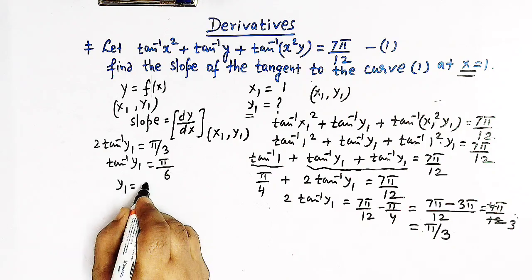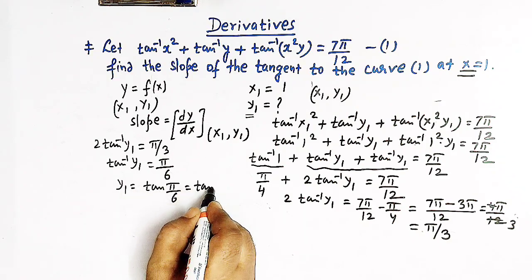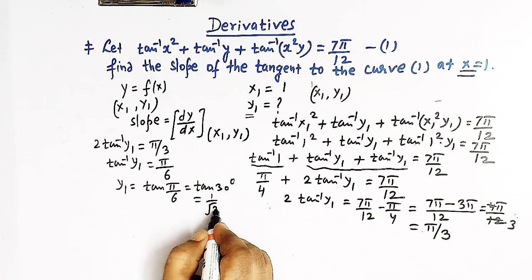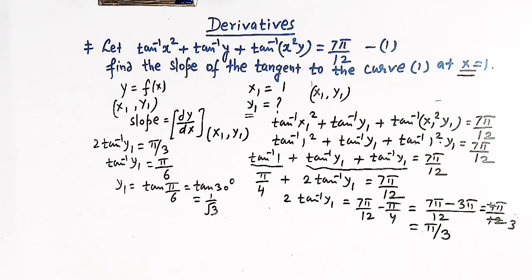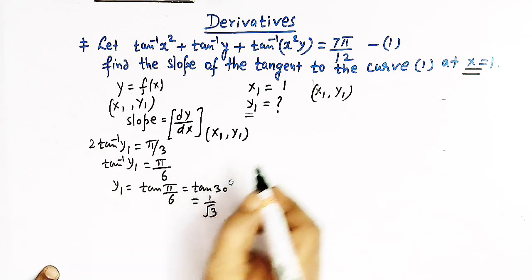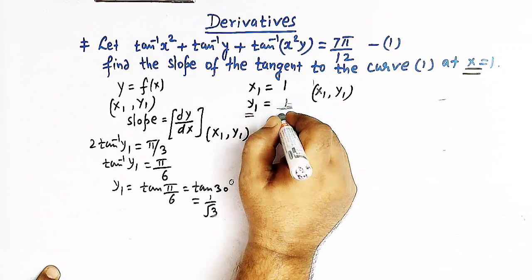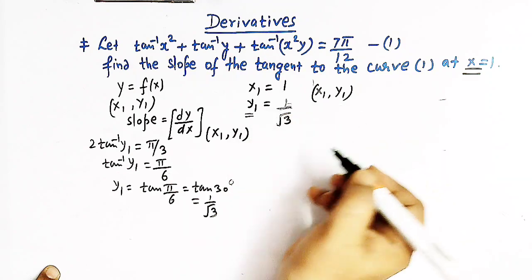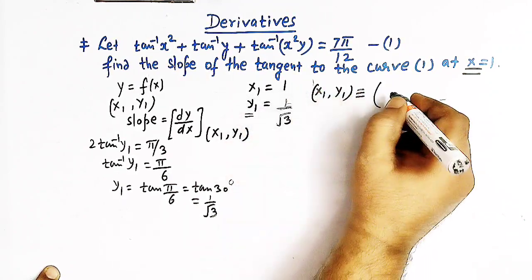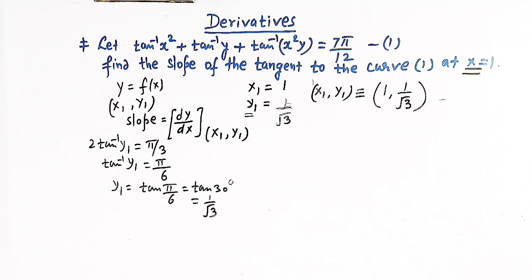So y1 is tan pi by 6, which is tan 30 degrees, equal to 1 over square root of 3. So now we have obtained the value of y1 as 1 over square root of 3, and the point x1, y1 is 1 comma 1 over square root of 3.